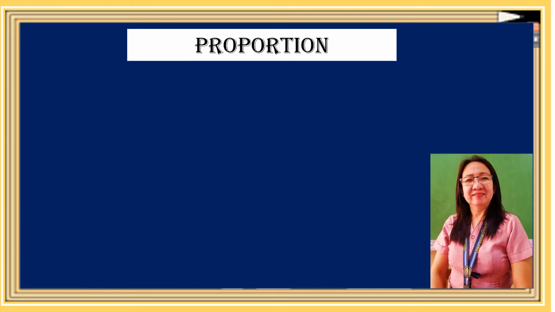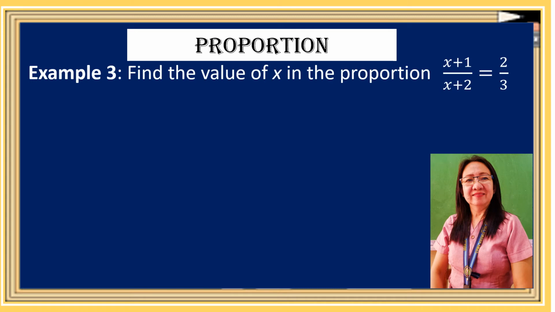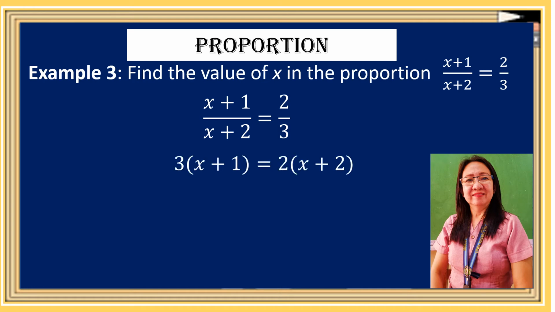Now, for example number 3, find the value of x in the proportion x plus 1 is to x plus 2 is equal to 2 to 3. To find the value of x, we will use the cross multiplication. We will get 3 times the quantity of x plus 1 is equal to 2 times the quantity of x plus 2.